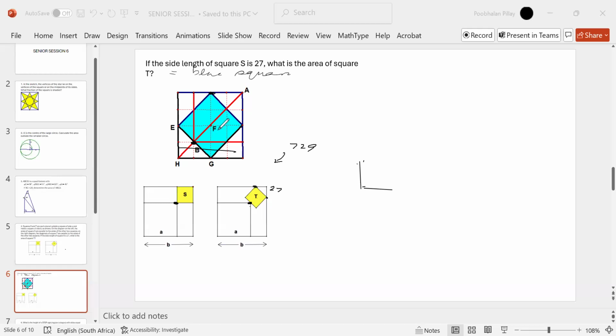Okay. So I want to calculate the area of the blue square. We know that the length of the red square, this one here, is 27. Square S, yeah, square S is not the tilted square. Okay, so in other words, you know the area of what I'm going to call the red square.